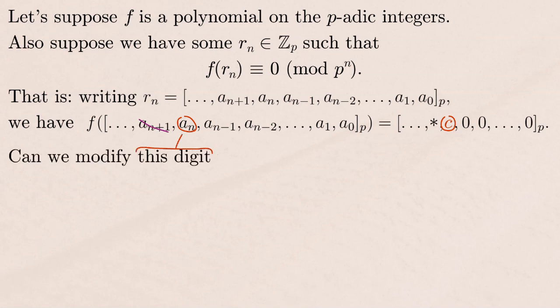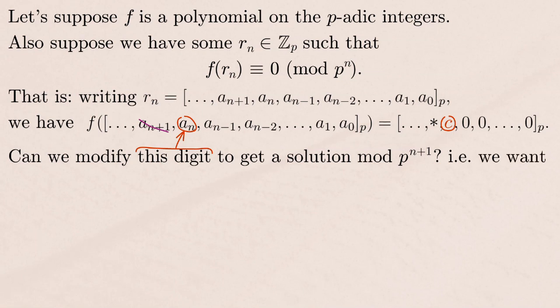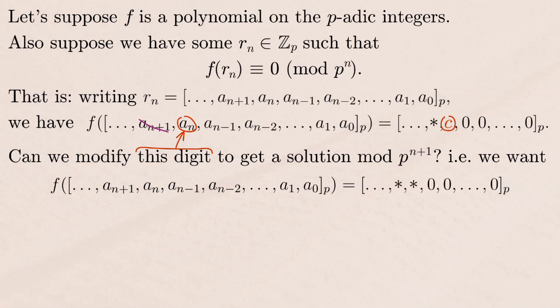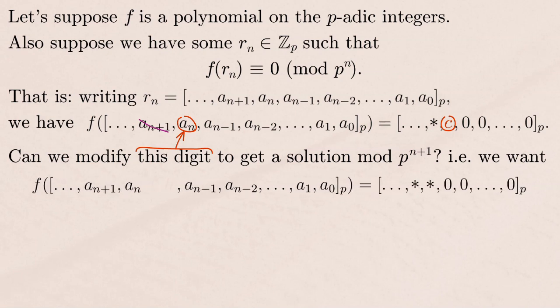Can we modify this digit an to get a solution that's even more accurate, say accurate to at least n+1 digits? In other words, we want the following. If I write this expression out again, but I modify the nth digit, say by adding an integer h to it, then I want to get an extra 0 on the right. How can I do that?